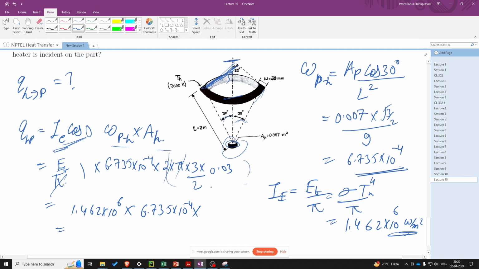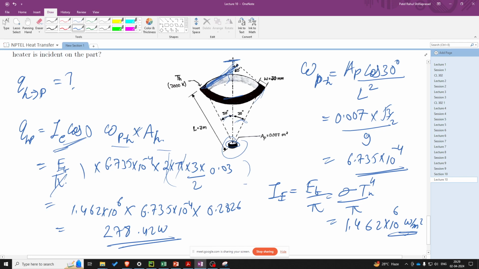So this entire area I have to calculate. So yes, if you calculate it, it will come around 278.42 watt.